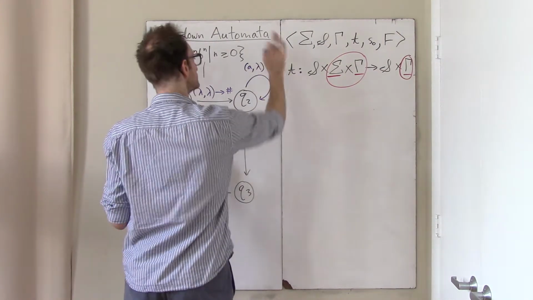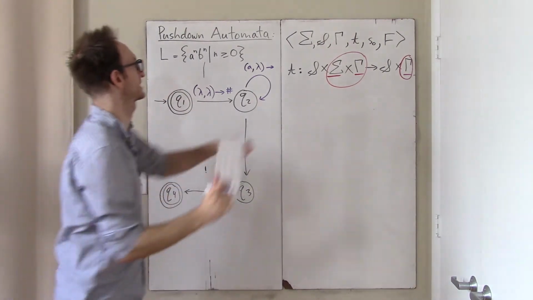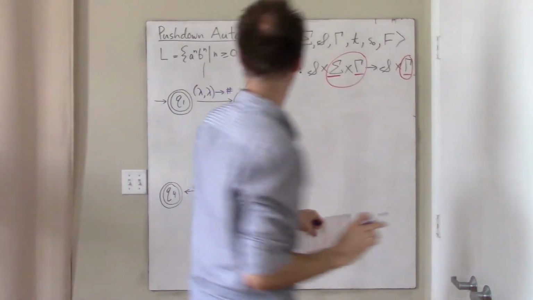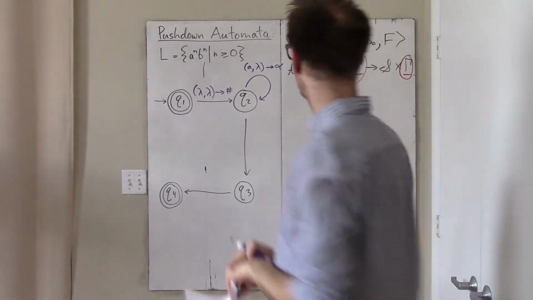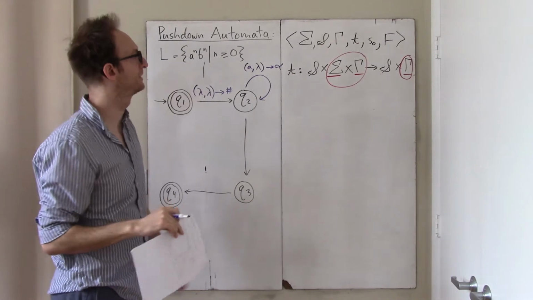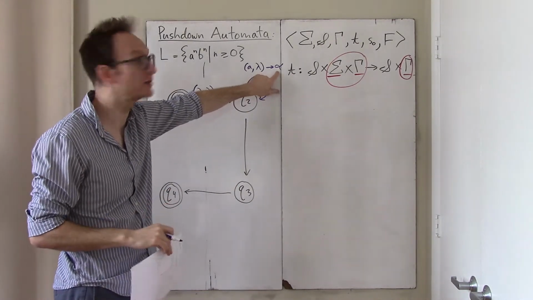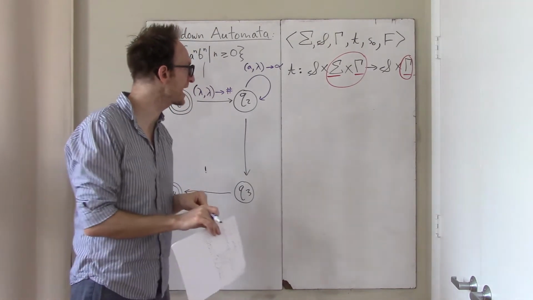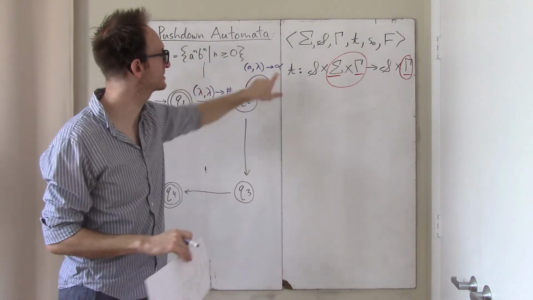So I can squeeze this in here. I invented alpha. Let alpha be a character associated with A. Let it just be a new symbol, a symbol of my stack alphabet, which is associated with A. And so I'm doing exactly what I said I was going to do.